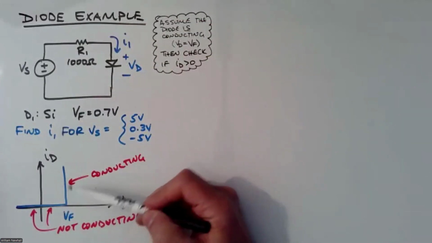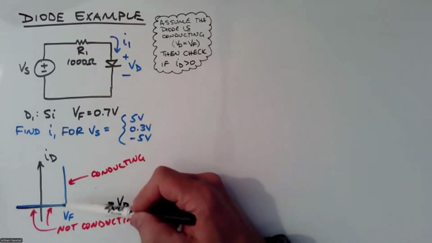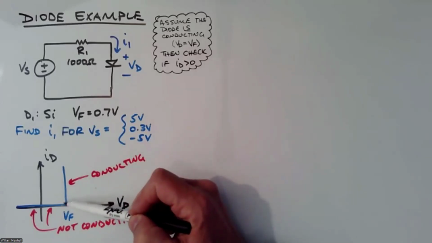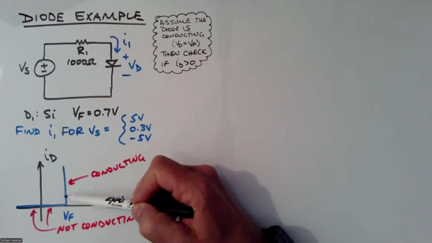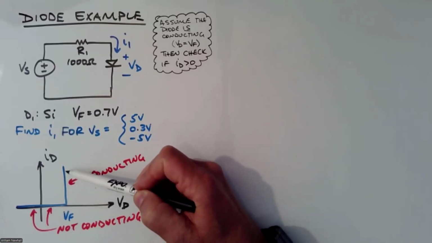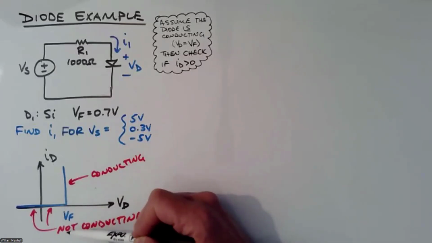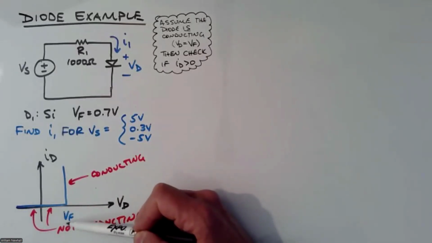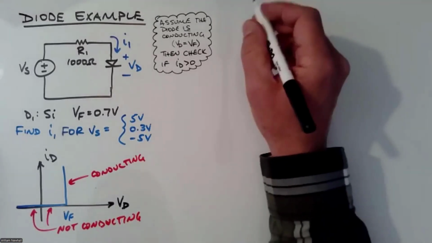So we're going to assume that the diode is conducting, and that means VD is equal to VF, and we're going to check if ID is greater than 0, which means current is flowing in the positive direction through the diode, not in the reverse direction. So we don't want a negative current when we assume the diode is conducting. That generally can't happen. So that's one assumption.